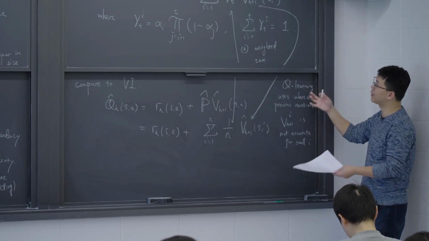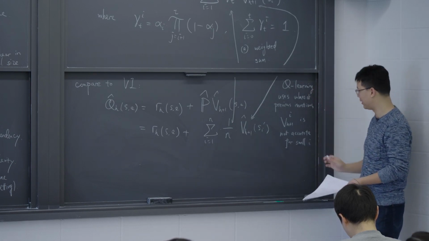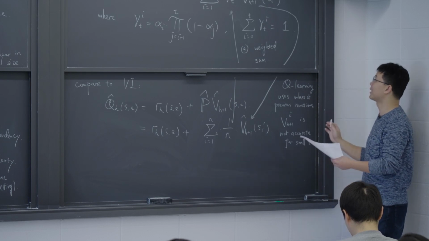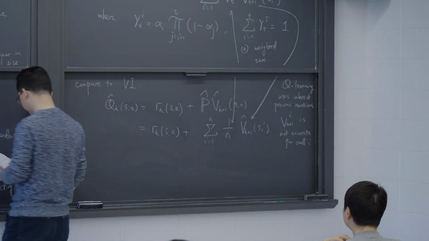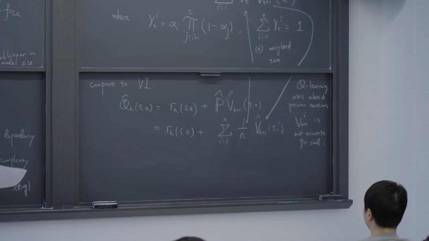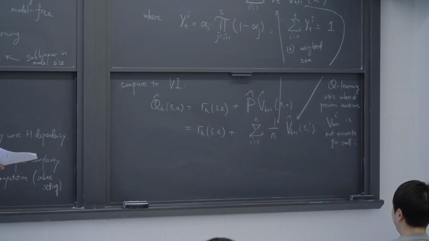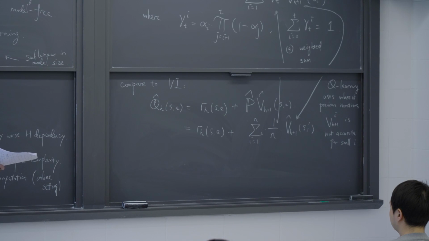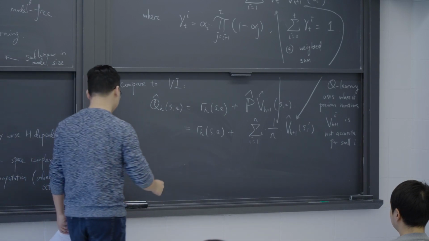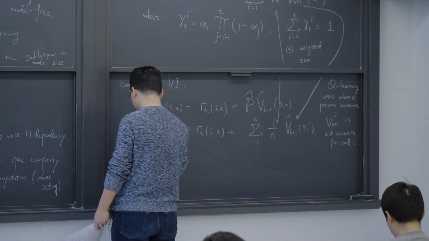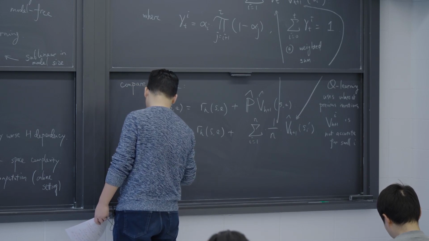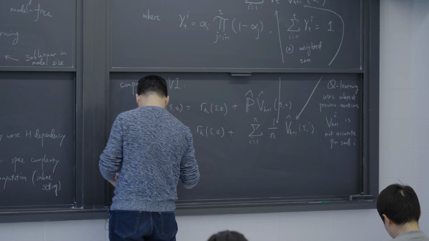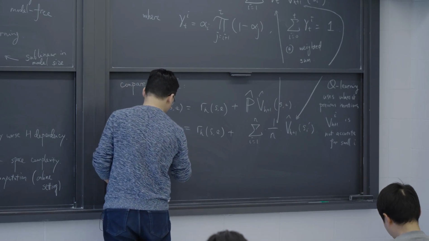This is where, in terms of Q-learning, we have a little bit more complexity we need to deal with. The next thing we'll talk about is how we're going to choose gamma t, that is, how to choose our weights.